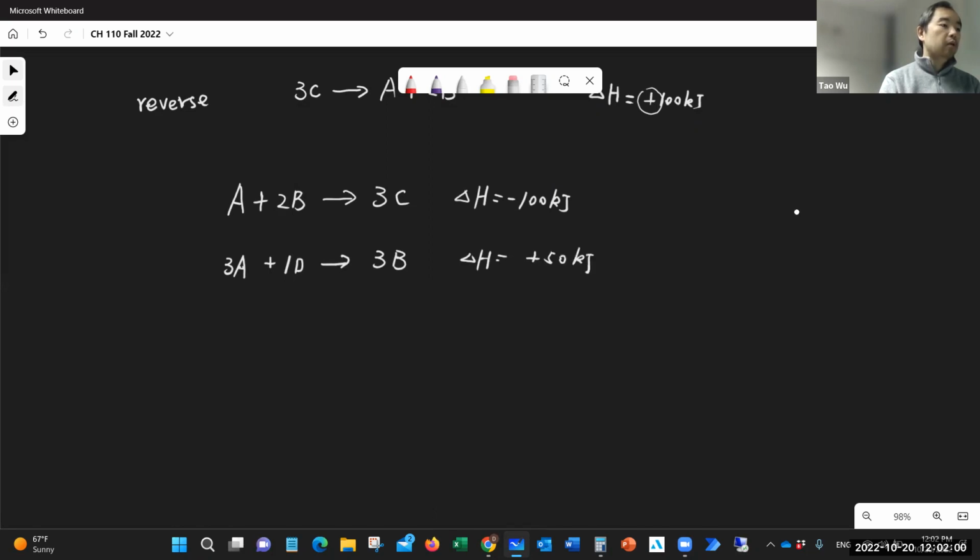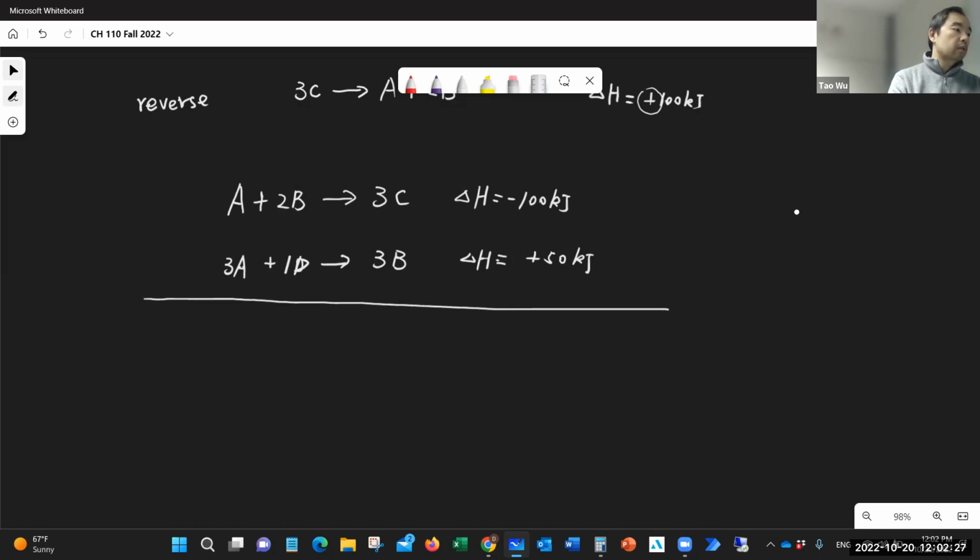Now we have the two equations over here. One equation is A plus 2B to form 3C, and the enthalpy is that much. The second equation is 3A plus 1D to form 3B, and the enthalpy is this.